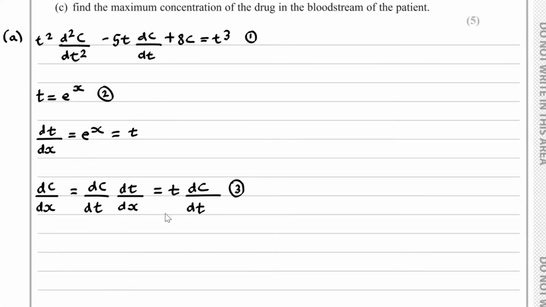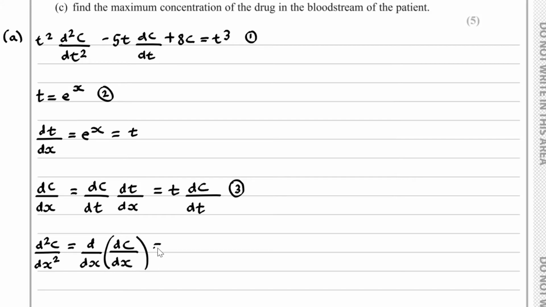We can now do a similar thing with d squared c over dx squared. This is where it gets a bit more complicated. First of all, d squared c over dx squared is the same as d over dx, so that's an instruction for us to differentiate dc over dx.